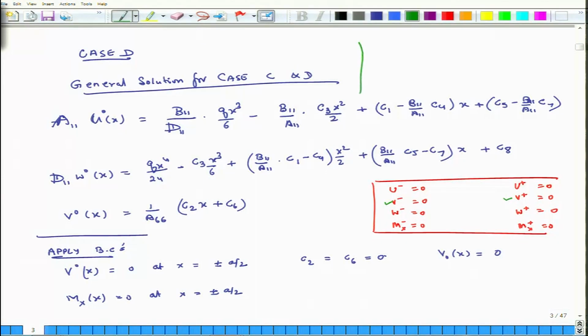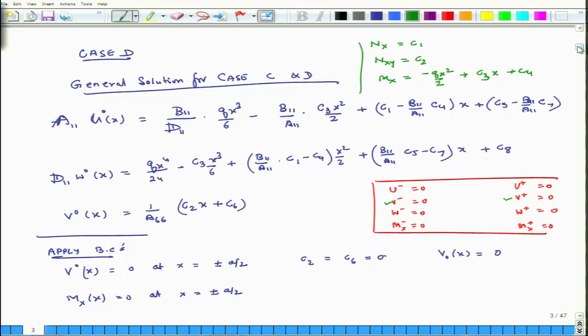Sorry for this less organization. We had also done in the general solution, nx is equal to C1, nxy is equal to C2 and mx we had calculated is equal to minus qx square over 2 plus C3x plus C4.